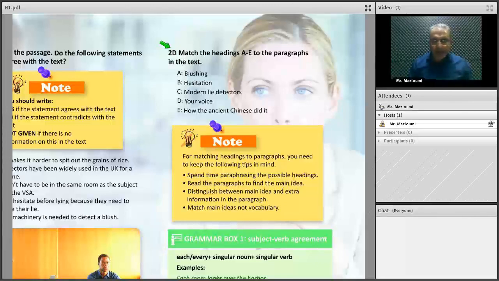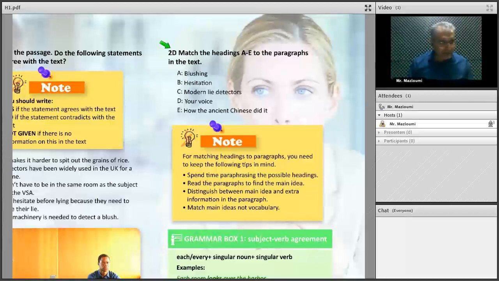We just kind of hesitate. Yeah, we don't do it immediately. So hesitation was in paragraph 4. We hesitate. The heading C, modern lie detectors or polygraphs, if you remember.